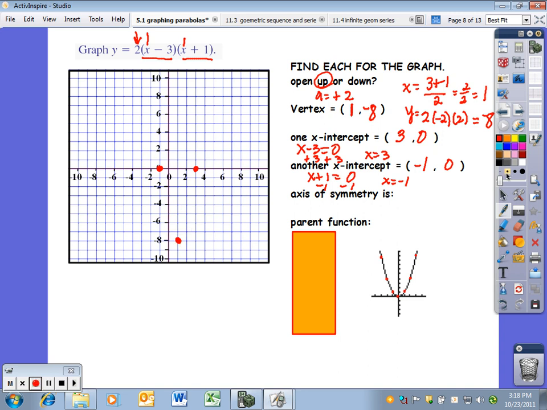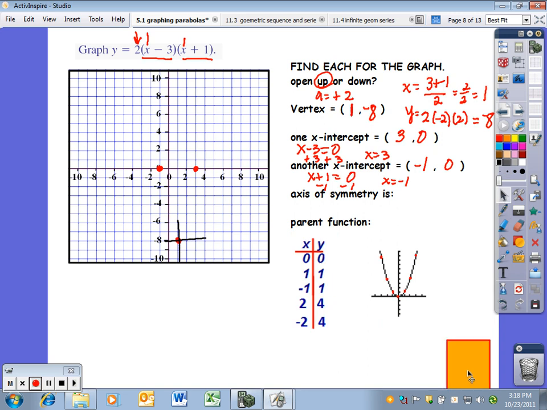So again, I would create my axes here, and I use my parent function. Do I have my multiplier? Yes, of 2. So this becomes 2y. 0 doubled, 1 doubled, 1 doubled, 4 doubled.